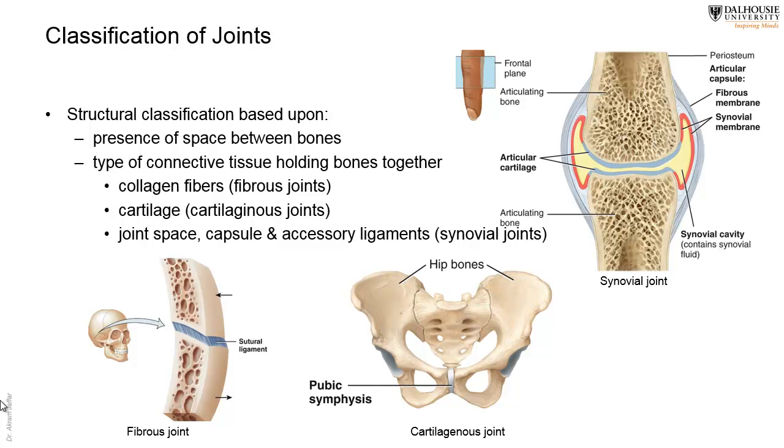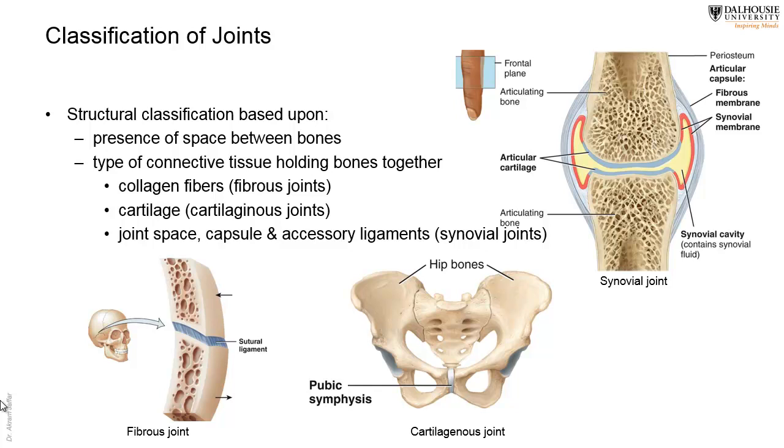Some of the joints, like synovial joints, have a space. Other joints, like a fibrous joint here, or a cartilaginous joint here, do not have space between the articulating surfaces. And then the second structural point is the type of connective tissue that holds the bones, or the bone and cartilage, together.